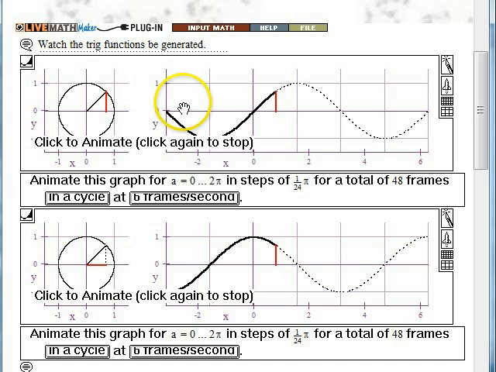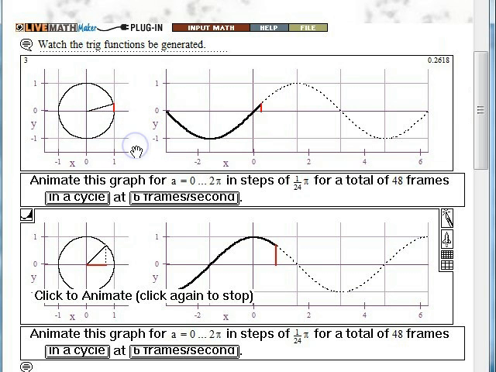So what I'm going to do is over here, I'm going to slide along the x-axis a distance equal to that arc length, or equal to that angle. They're all the same. So as I click to animate this now, what we'll see is the angle getting bigger and bigger.